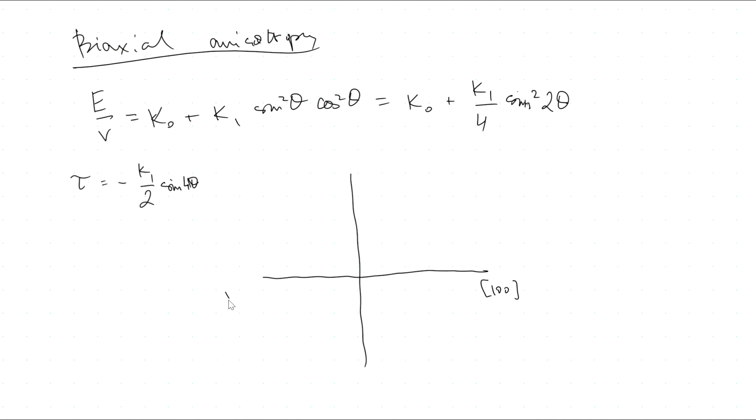This would be -1, 0, 0. This would be 0, 1, 0, and 0, -1, 0. And theta would be the in-plane angle here. So now we have two dimensions. We have two axes. Then there would be K naught, the minimal energy. Let me plot it here like this. And there would be the maximum energy.